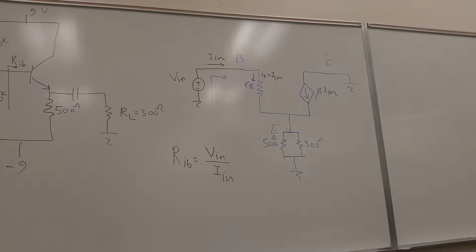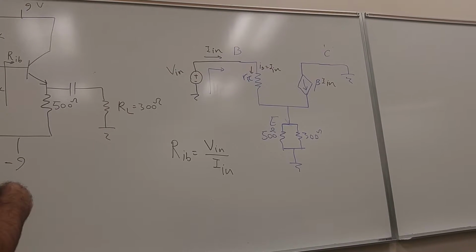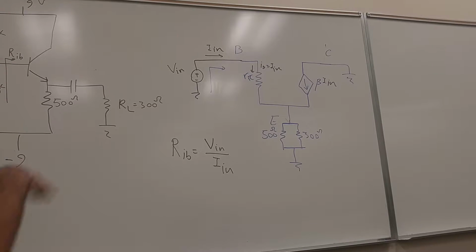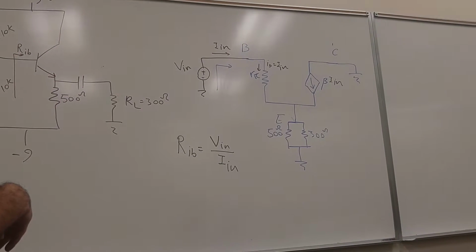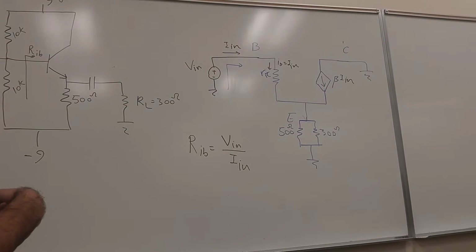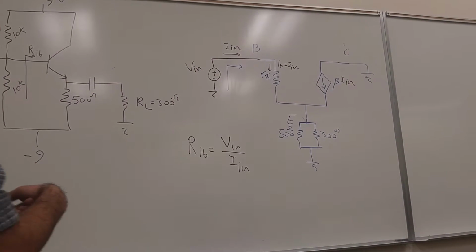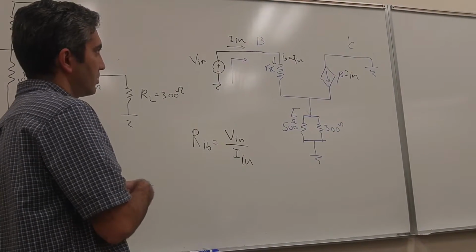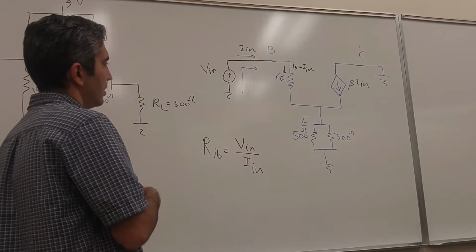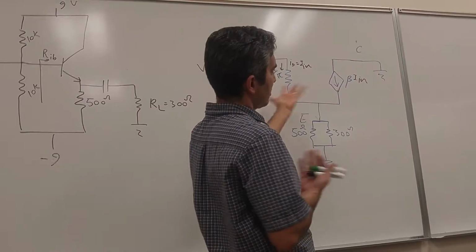Other questions? What was the equation for R pi for if we don't use it? You're going to use it. For what, though? Because you just take V in over I in.